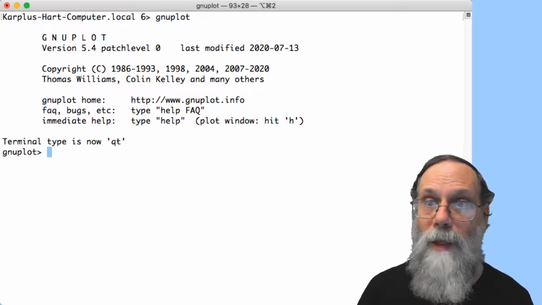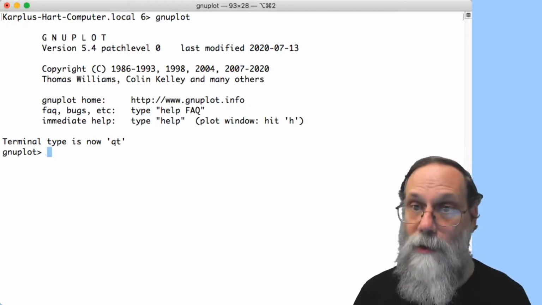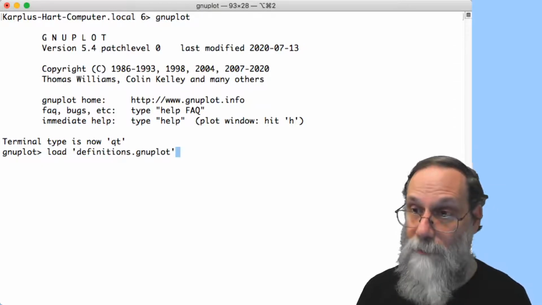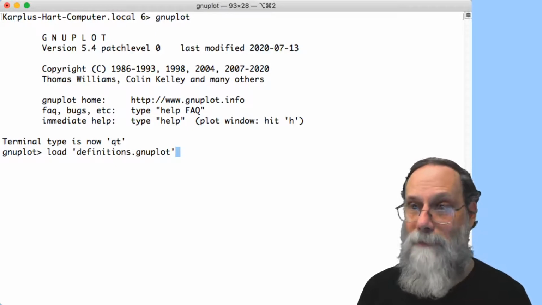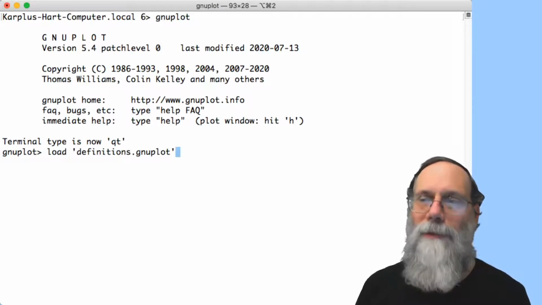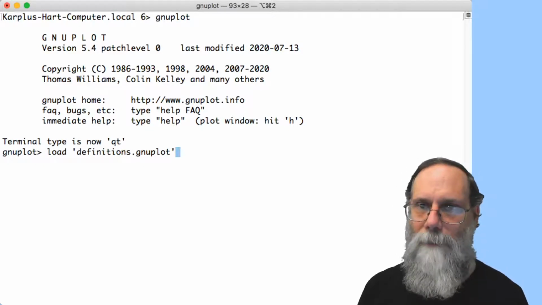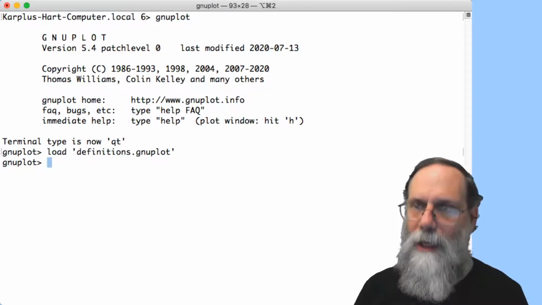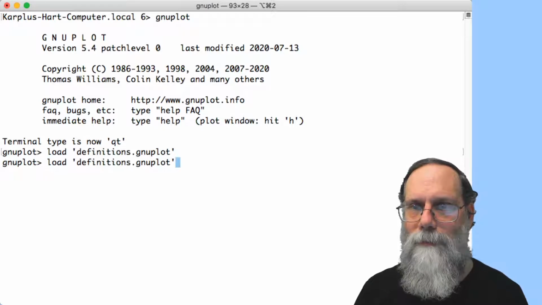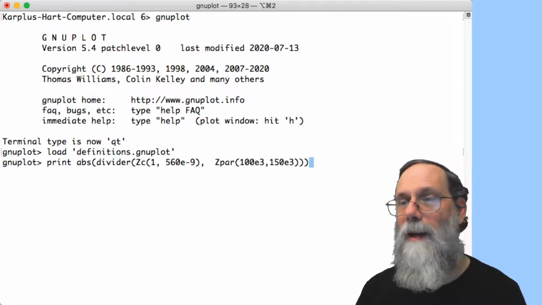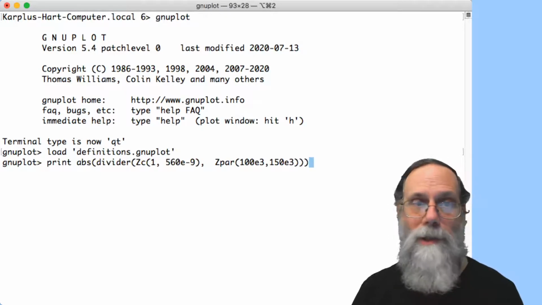gnuplot. All right, first thing I want to do is to load the definitions.gnuplot file that has all my functions in it for defining impedance of capacitors and voltage dividers and things like that. And then I'm going to type a complicated formula. And I'll walk you through exactly what it is.